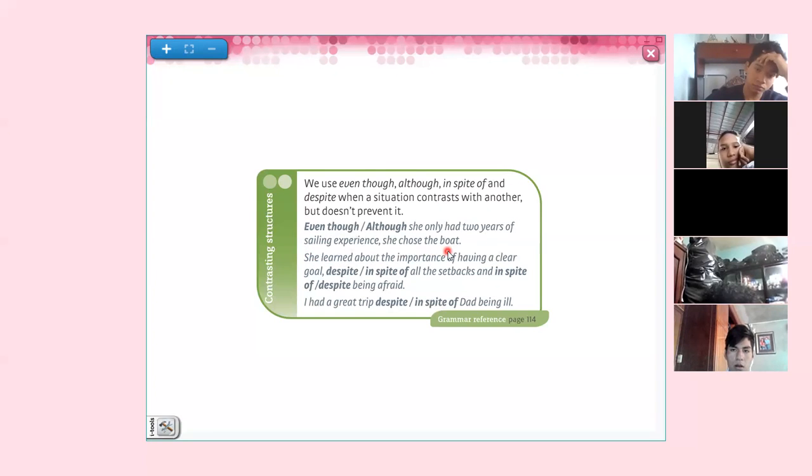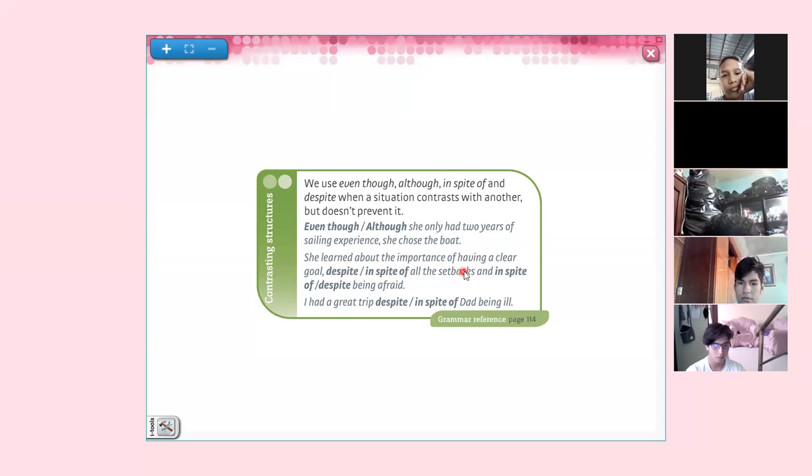She learned about the importance of having a clear goal, in spite of all the setbacks, and in spite of being afraid, okay? So here you have the information, despite or in spite of is frequently used in the middle of the sentence to connect something that I need you to pay attention to. Despite all the setbacks, did you see?